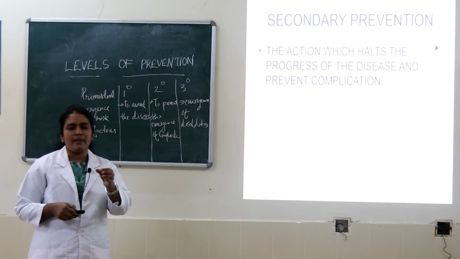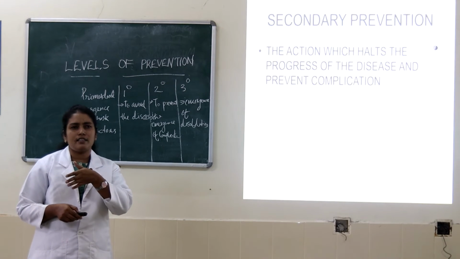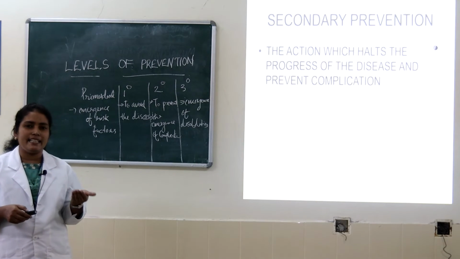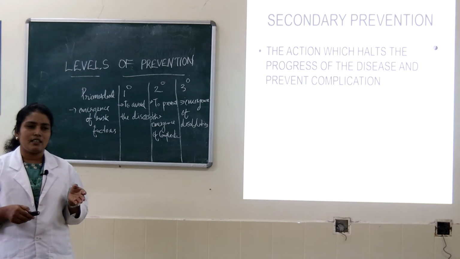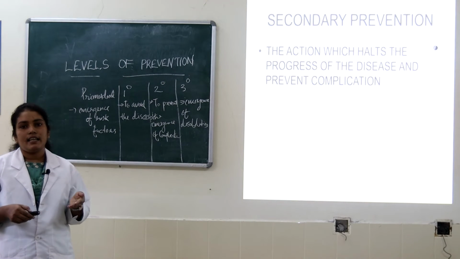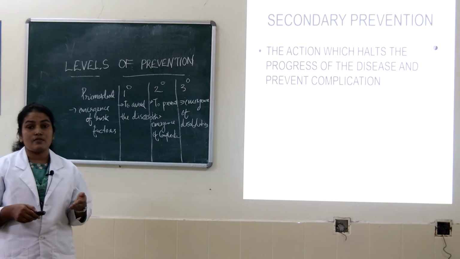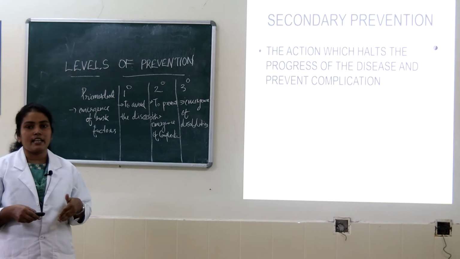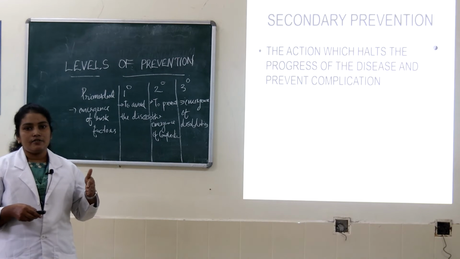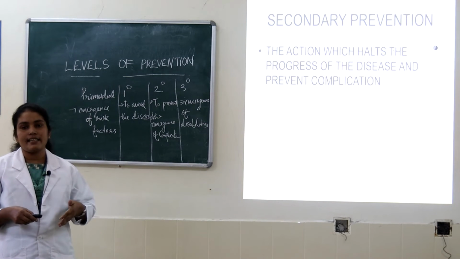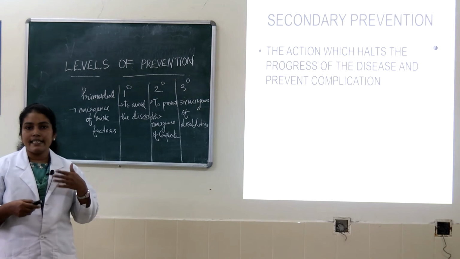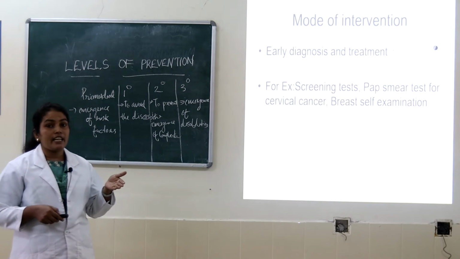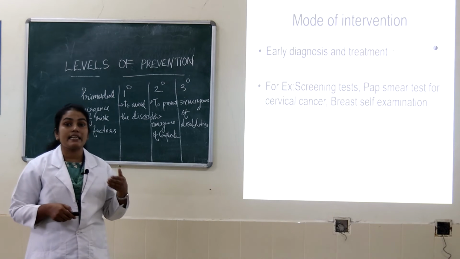In middle age, like 45 to 60 years, if the person does not do any screening for diseases like diabetes mellitus or hypertension, does not take medications regularly, and does not follow measures for diet and exercise, the disease becomes complicated. So at this level, the mode of intervention includes early diagnosis and treatment measures.